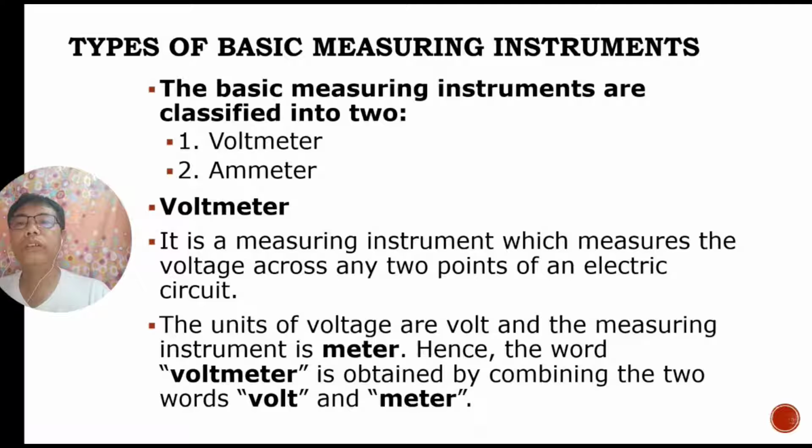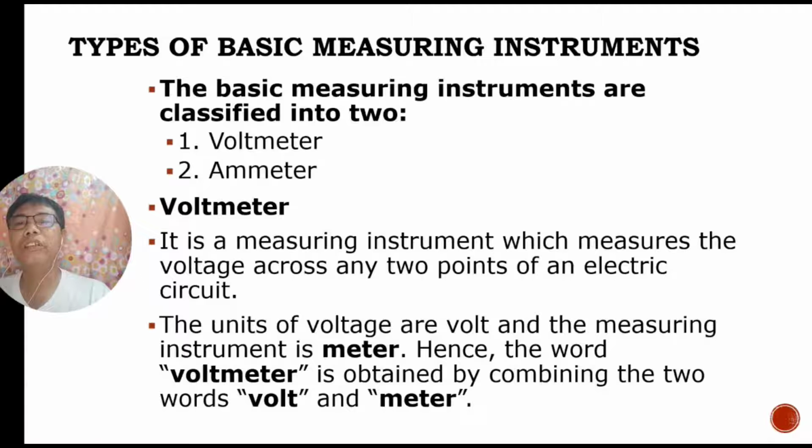So where does the word voltage come from? Or I mean, the unit volt came from? Okay, we have here the trivia. The word volt comes from the scientist who studied about voltage, which is in the name of Alessandro Volta.